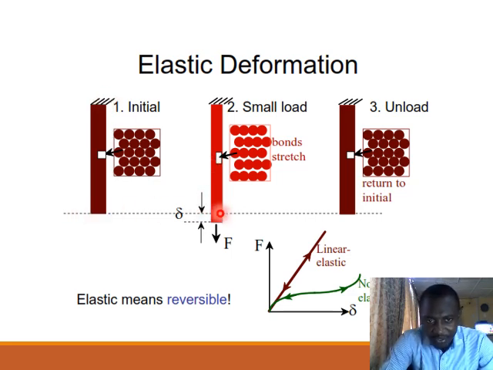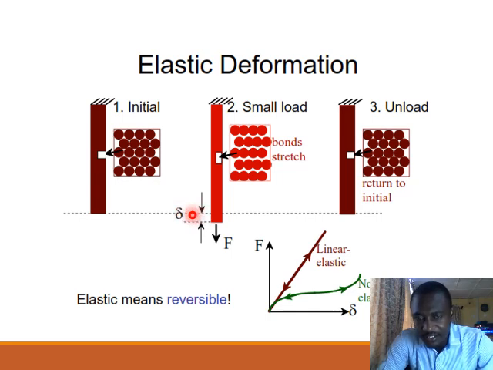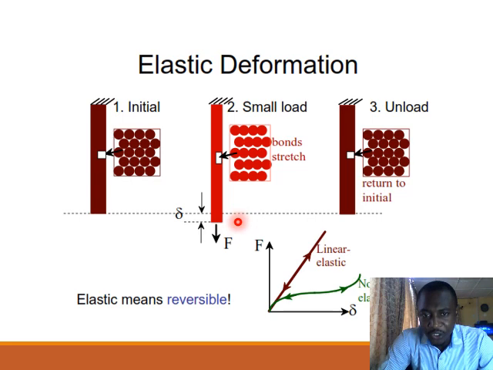If you apply a load from this edge, the material will deform upon application of this load F. It will deform through a length delta. Now, if you withdraw this load F, and the material is able to return back to the way it was originally, then it means that the material has deformed elastically.